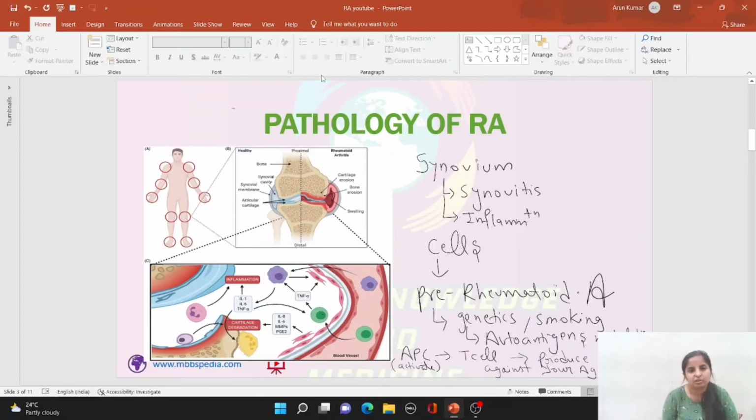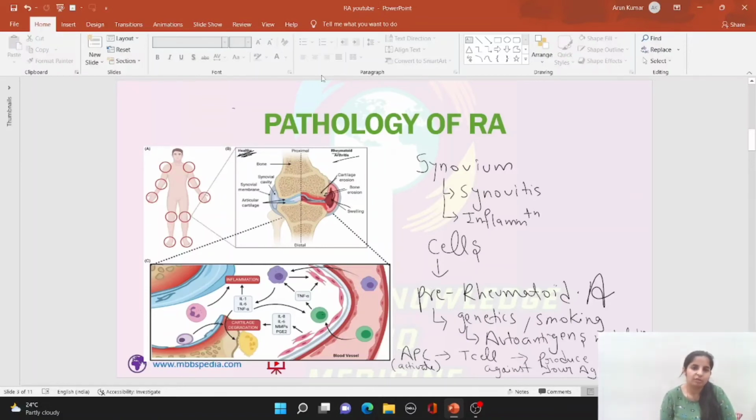One side there is healthy bone structure and cartilage present with normal blood flow, and there is no inflammation, while on the other hand you can see the structure and synovial membrane. There is bone erosion, cartilage erosion will be also seen, and there will be swelling in synovial membrane.